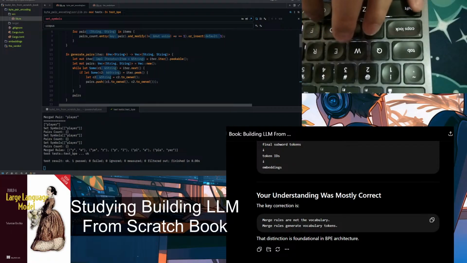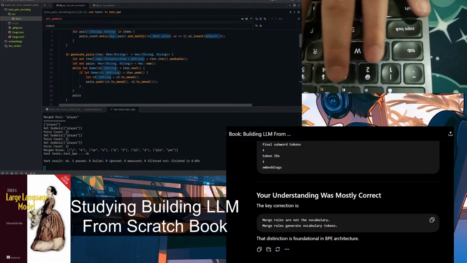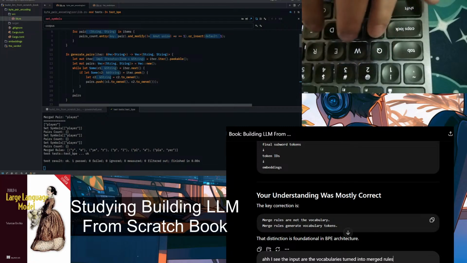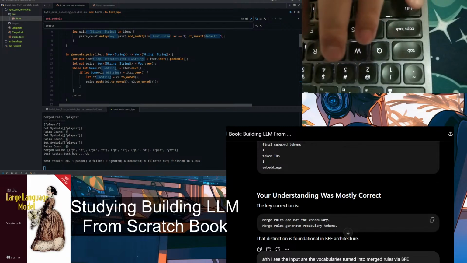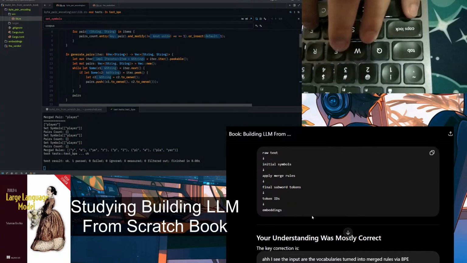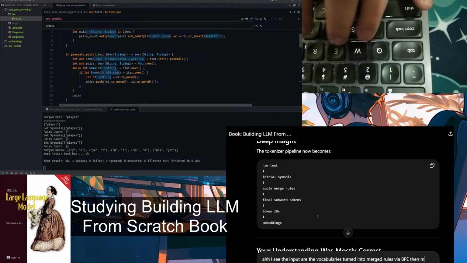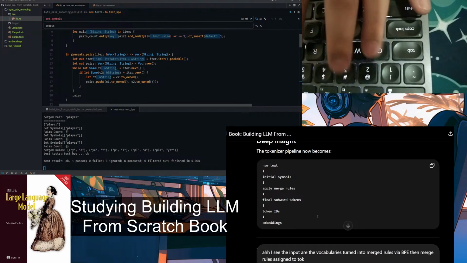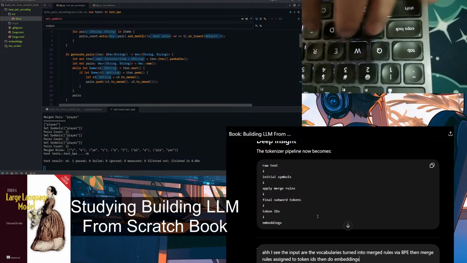Are the vocabularies turned into merge rules via BPE? And then I will create embeddings here. So then the merge rules are assigned to token IDs. Then do embeddings.